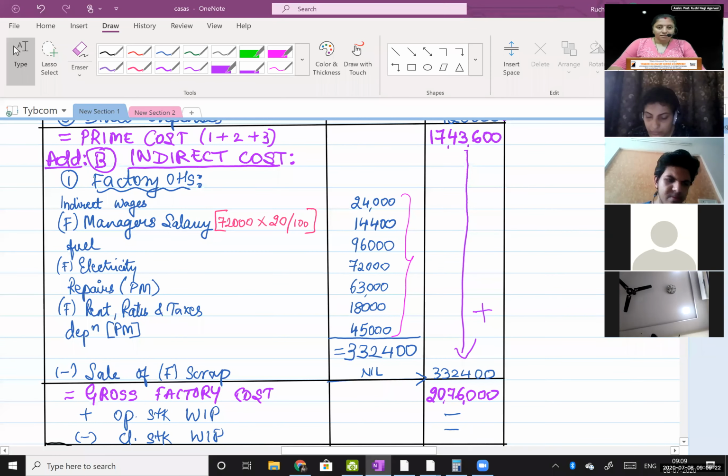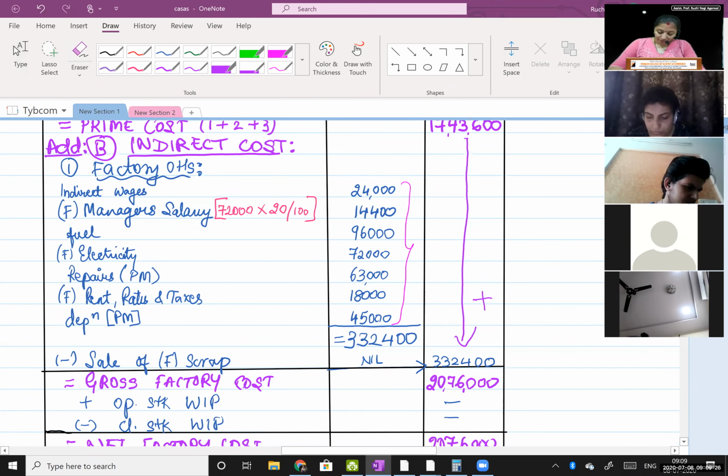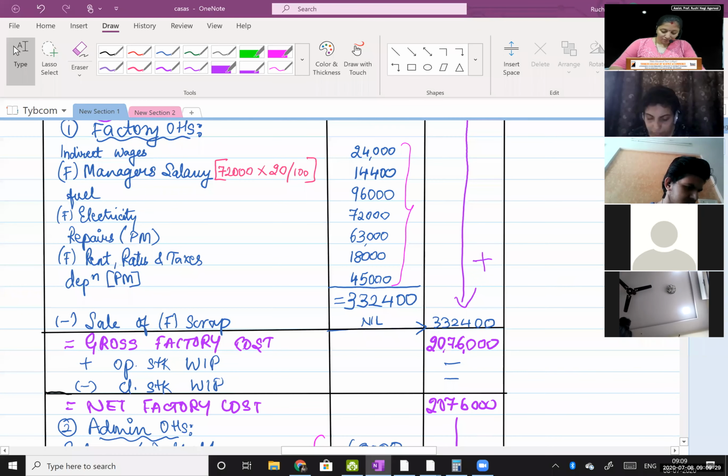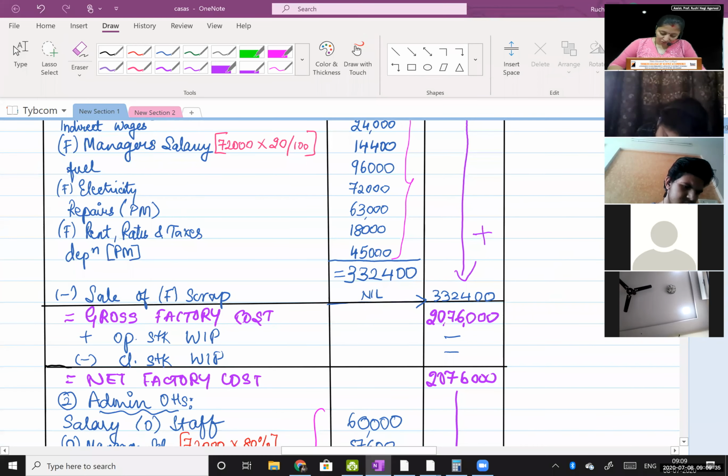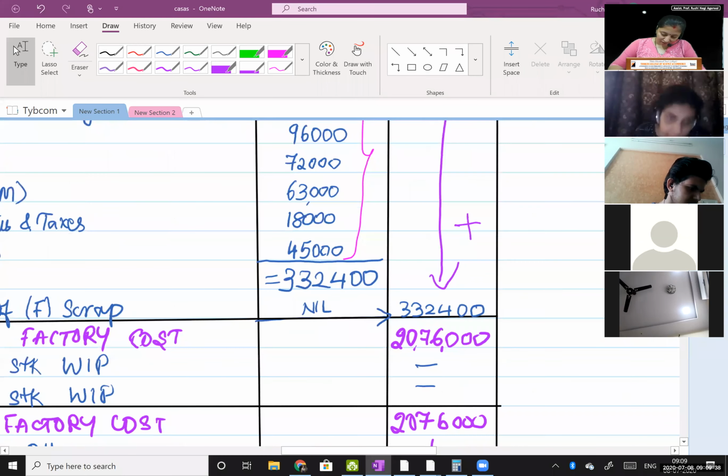Then add your opening and closing WIP. It's not given in the question, so you get the same net factory cost.